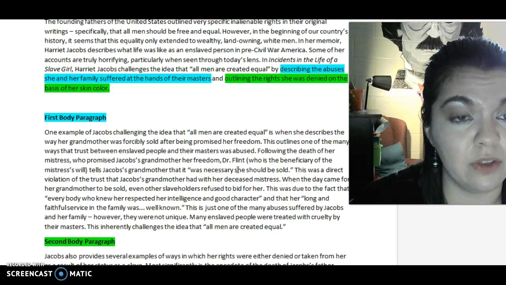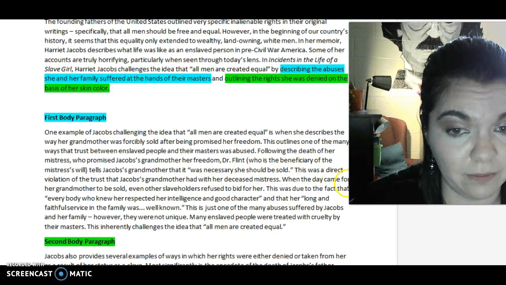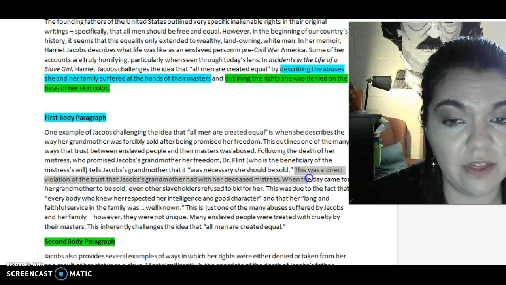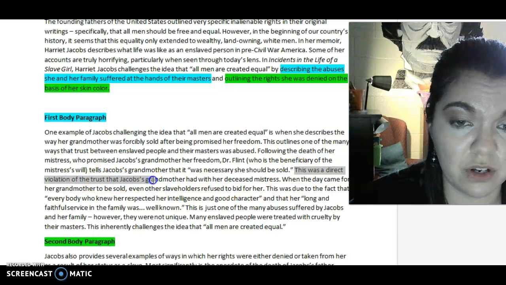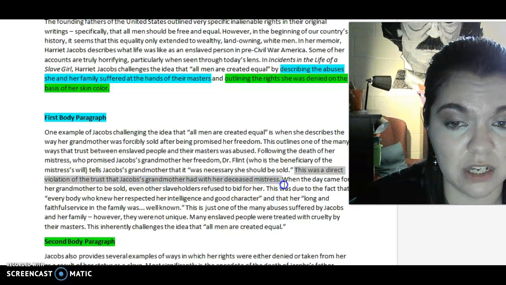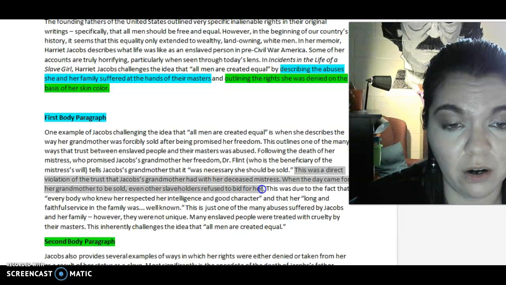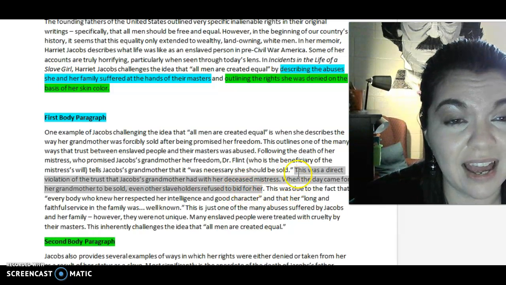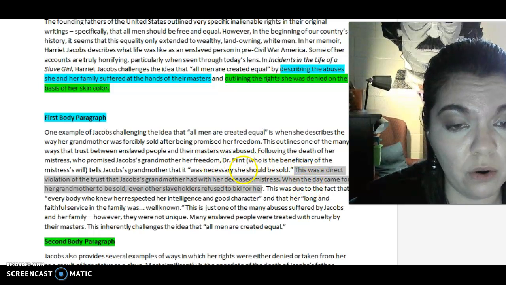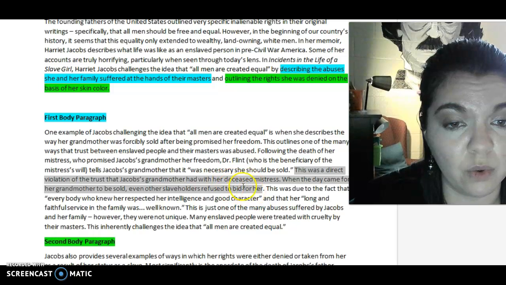Now let's look at how this is explained. It says, this was a direct violation of the trust that Jacob's grandmother had with her deceased mistress. When the day came for her grandmother to be sold, even other slaveholders refused to bid for her. This is an explanation of what this quote and what the context here means in regards to our main point.